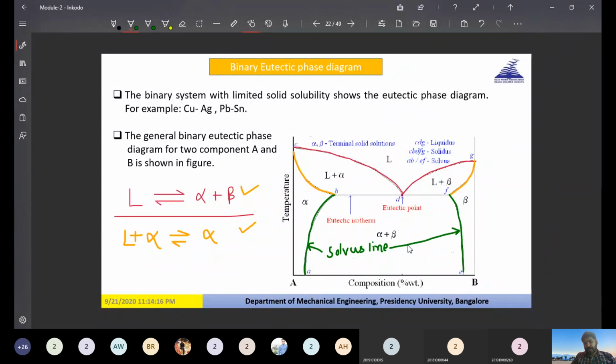What composition of alloy, that is A and B, should we take so that we are able to melt it at the minimum possible temperature? Anyone?